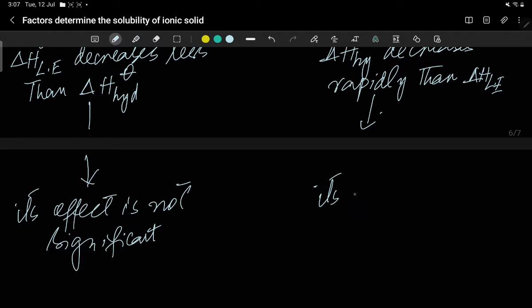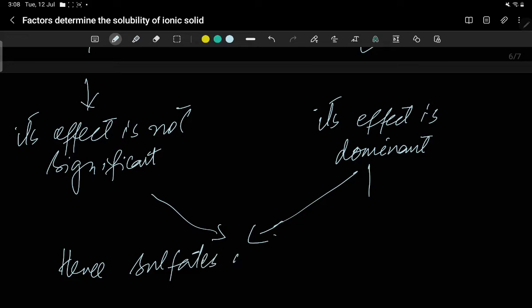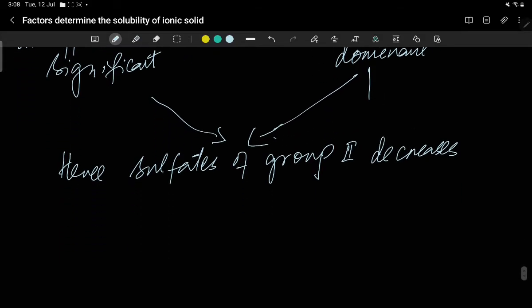Hence, solubility of sulfates of group 2 decreases down the group.